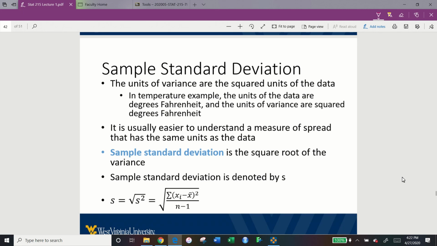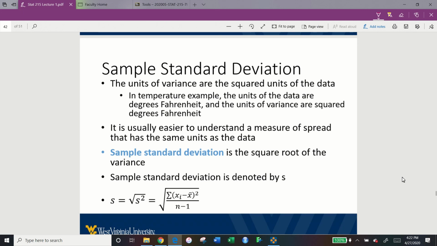So our sample standard deviation is noted by the lowercase s. So s is going to be equivalent to the square root of s squared, which is equivalent to the square root of the summation of our quantity xi minus x bar quantity squared, all divided by n minus 1. So just to recap, standard deviation is the square root of variance.